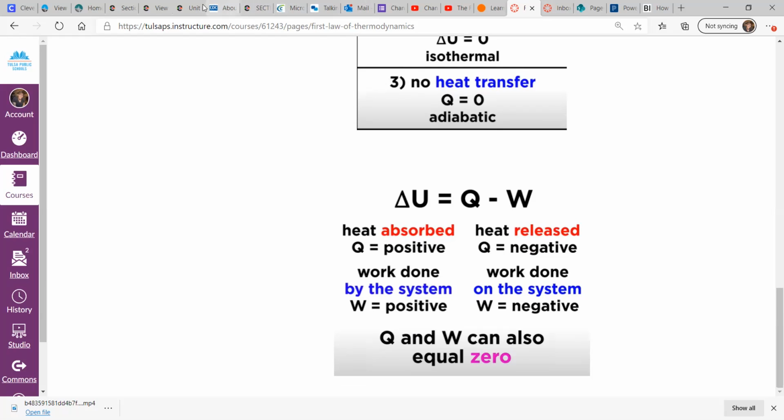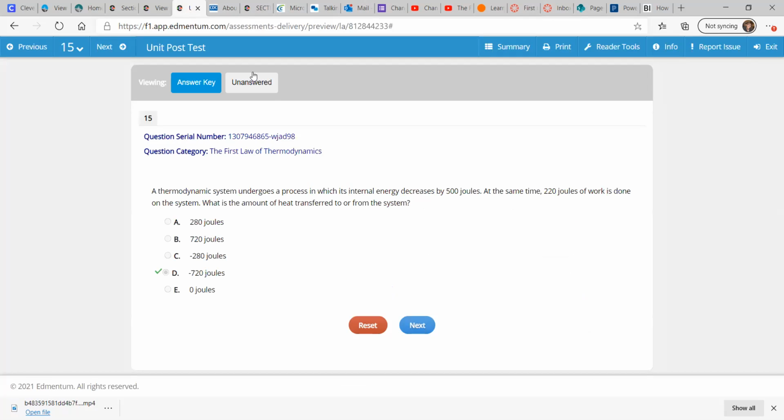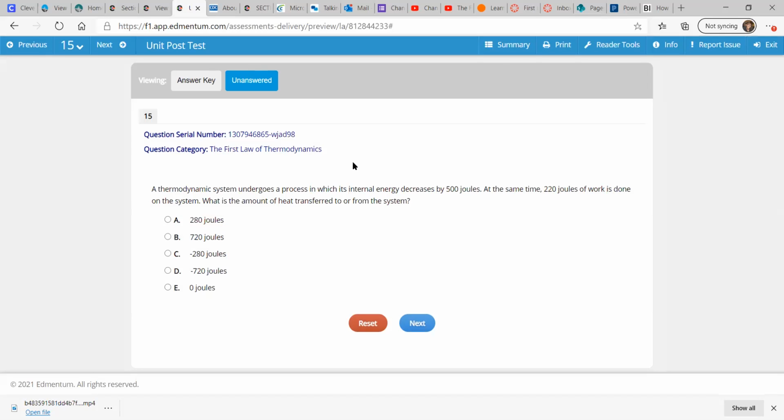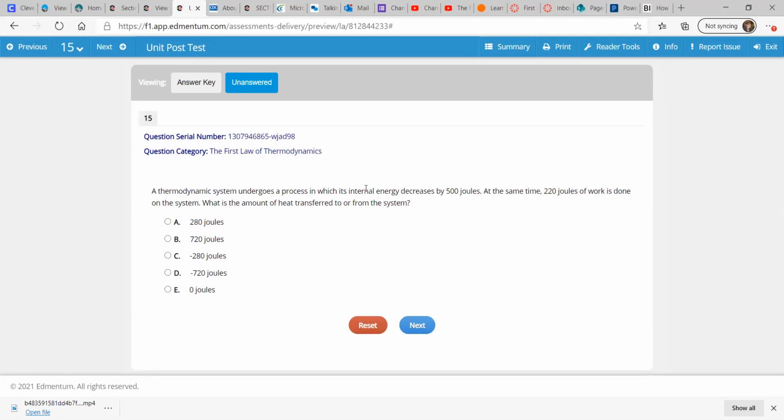So going back to this question, a thermodynamic system undergoes a process in which its internal energy decreases. Internal energy is delta U. U is internal energy. I believe I said internal temperature earlier, but that means internal energy. And we're all dealing with joules.